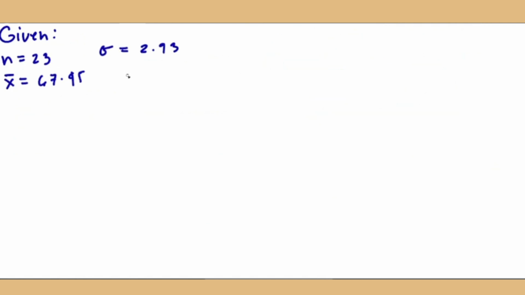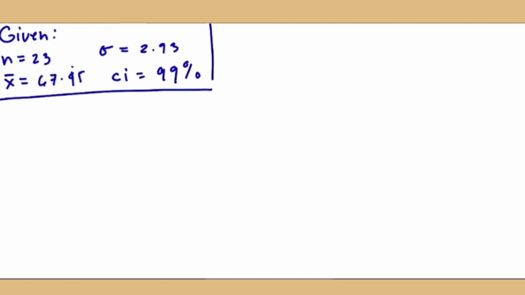Let's move on to another example with the same given, but the confidence interval will be 99%. So again, since they're only the same given, the degrees of freedom n minus 1 will be the same. 23 minus 1 will still be 22.